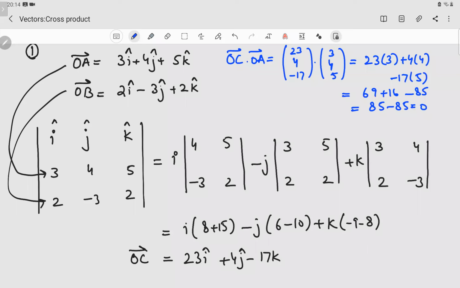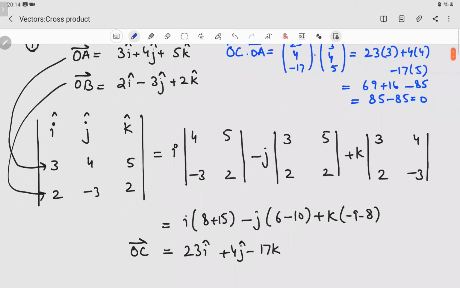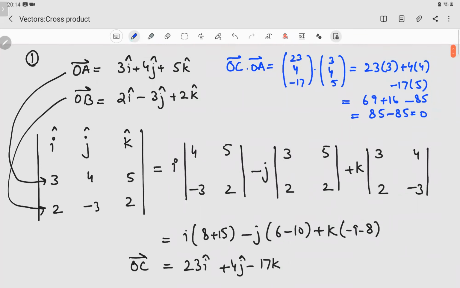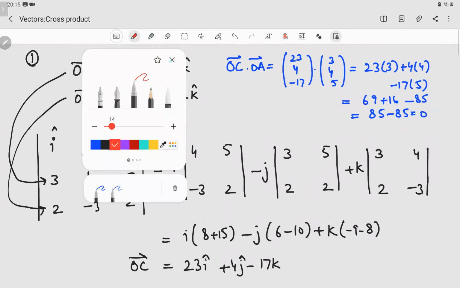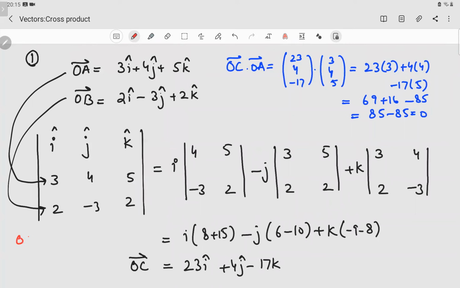The dot product of OC with OA is 0. What must be my conclusion? I should say that OC is perpendicular to OA.